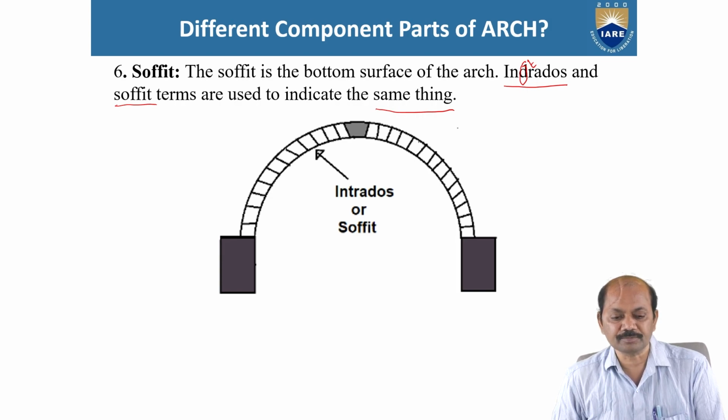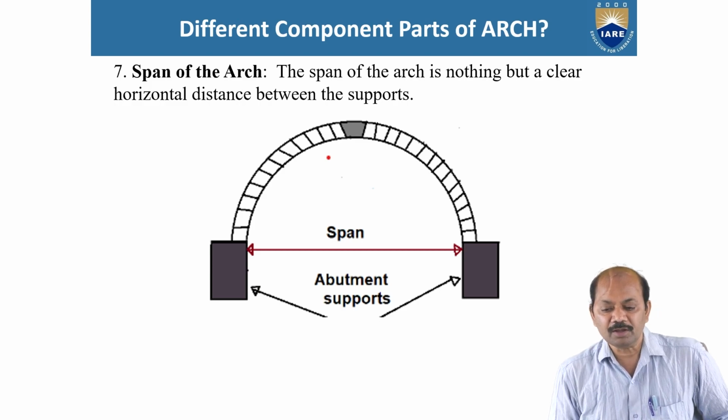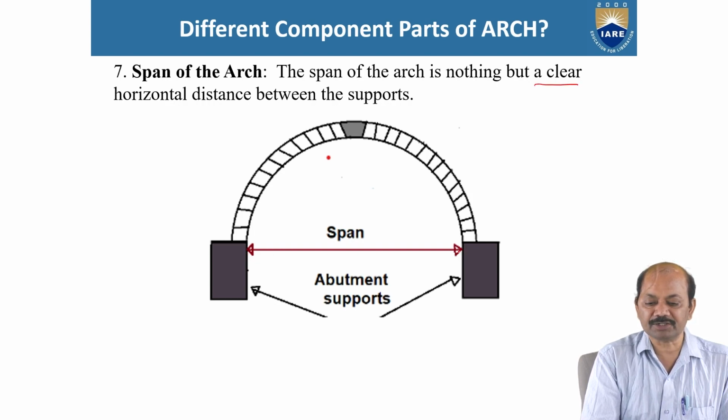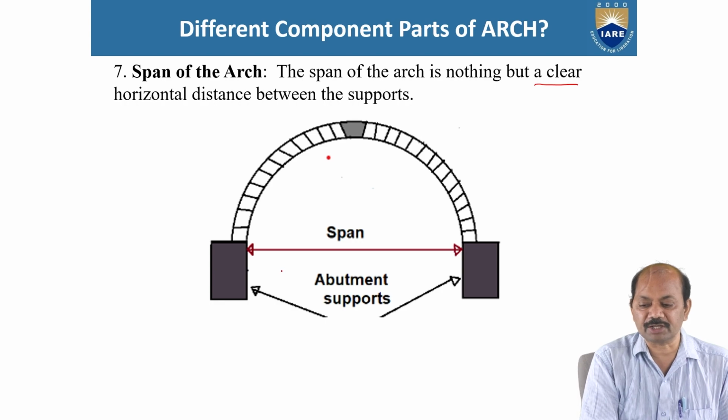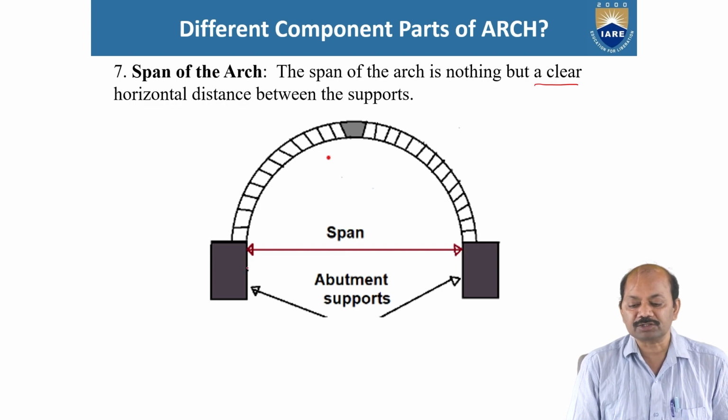Next, 7. Span of the arch. What is the meaning of the span of the arch? It is nothing but the clear horizontal distance between the supports.